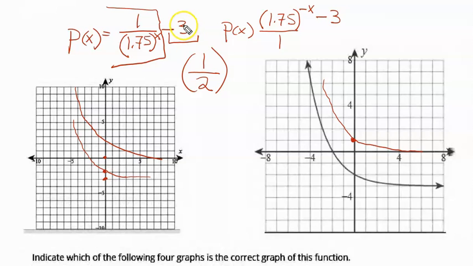This is the y-intercept, 3 places. So 1, 2, 3 from that point, but from the 0, it's down 3 as well. Okay, again, this was a rather challenging one, but taking it in pieces and getting your general shape, hopefully is helpful. All right, let's go on.